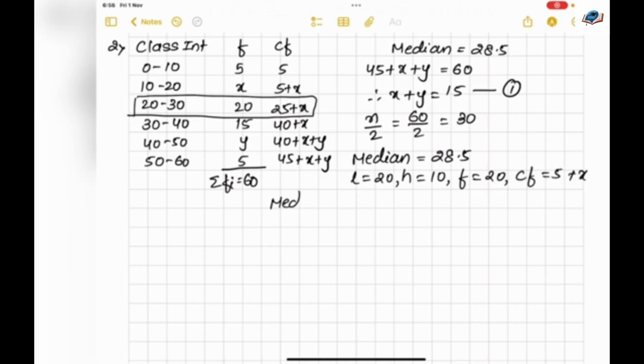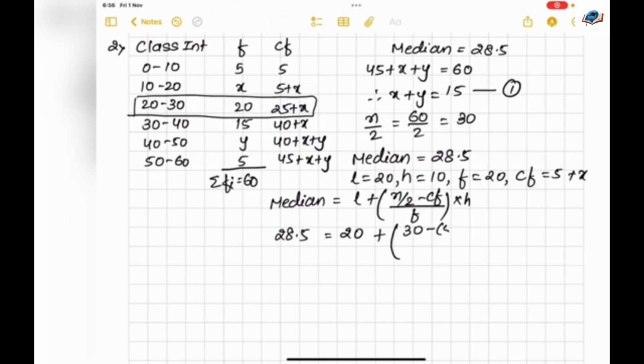So, putting in the formula, median equal to L plus n by 2 minus CF upon F into H. So that will be 28.5, median is given. This will be 20 plus 30 minus 5 plus x upon F is 20 into 10. So this 0 gets cancelled.